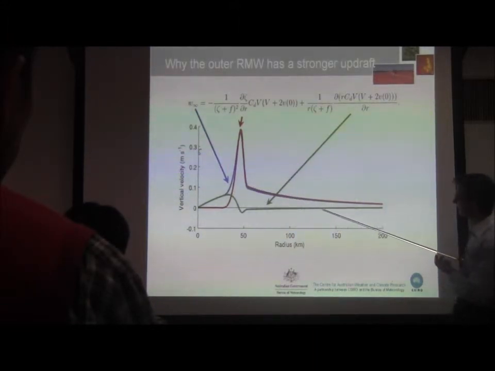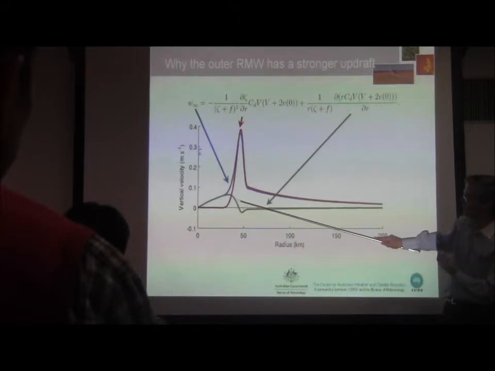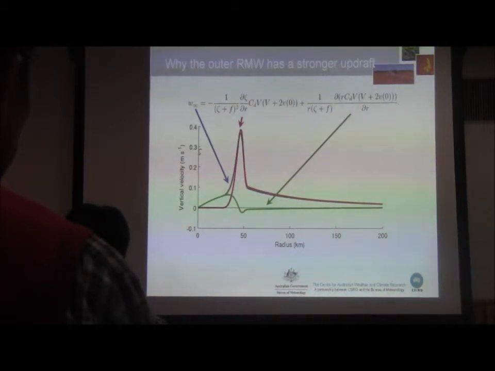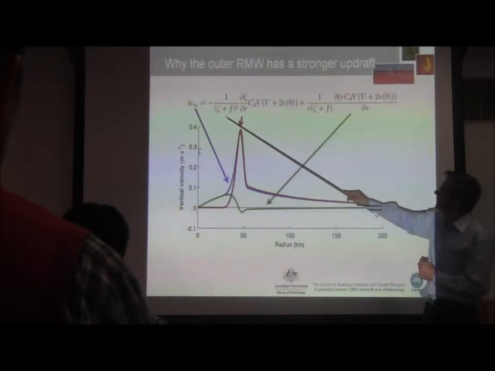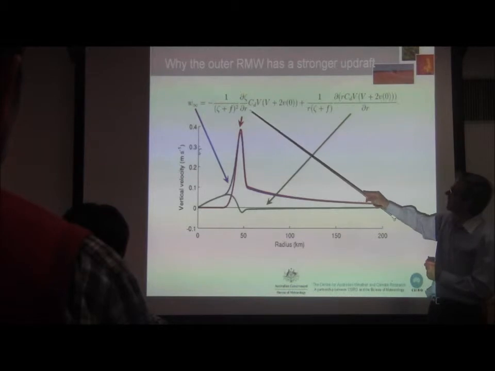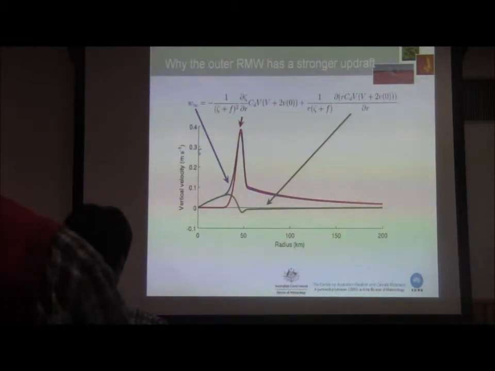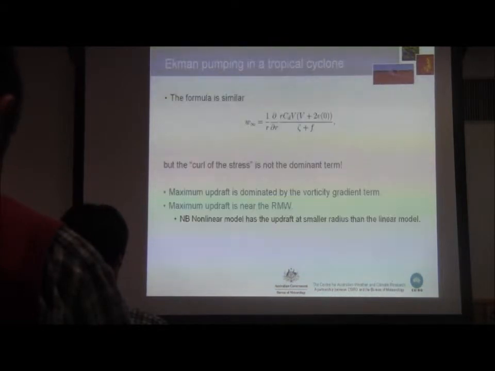You've got descent in most of the area because the curl of the stress is actually negative. So it's actually not very accurate to say that the updraft in a hurricane is proportional to the curl of the stress, because it's the vorticity gradient term that dominates and gives you the updraft to a good approximation.